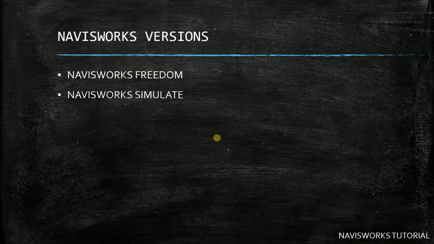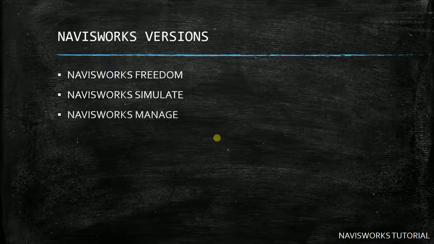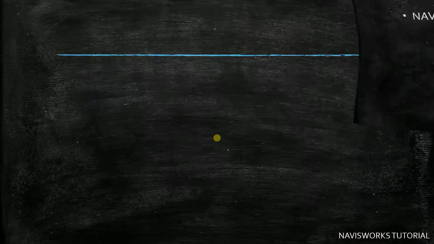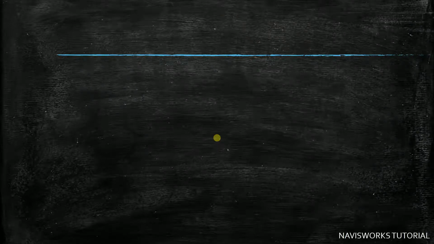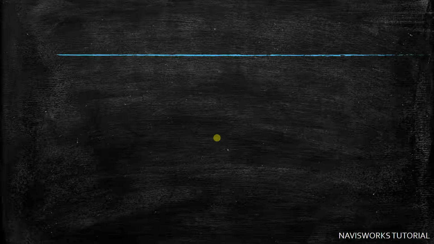Second one is Navisworks Simulate, and the third one is Navisworks Manage. So we have three versions of Revit, oh, I mean Navisworks. All right, and there you go, it's the windy transition or animation. So first of all is Navisworks Freedom.